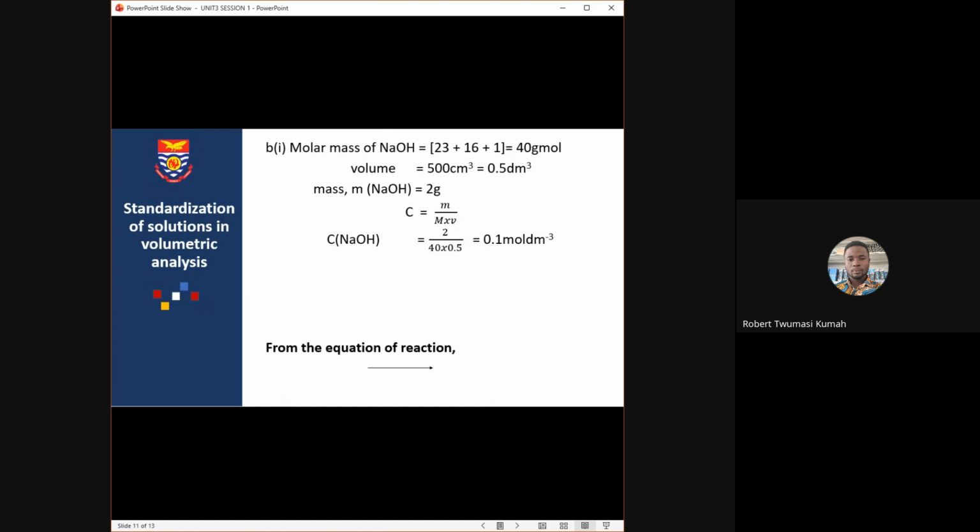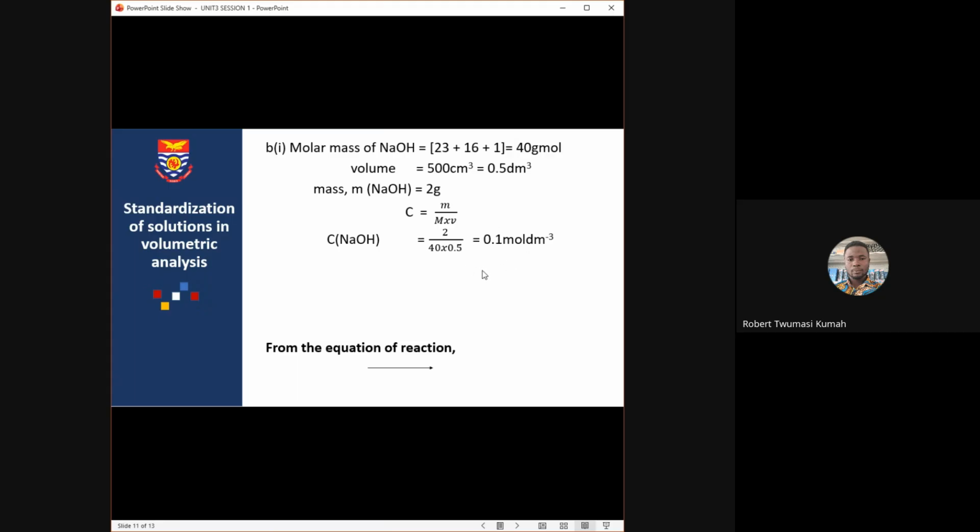And we have 0.1 mole per cubic decimeter. How do we interpret this? Now, we will interpret this as for 1,000 cubic centimeters, there are 0.1 moles of sodium hydroxide in it, in the 1,000.